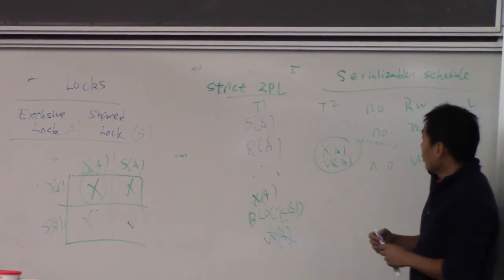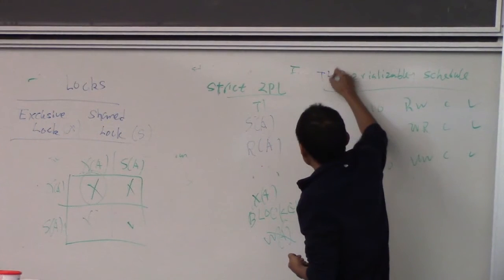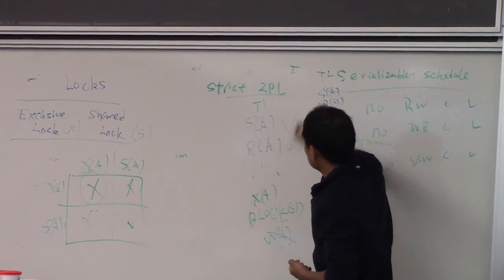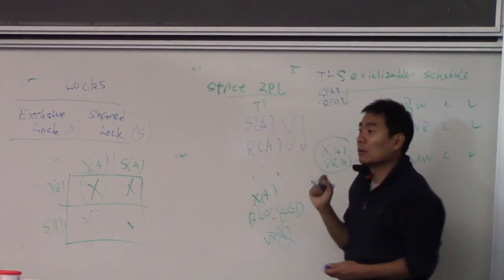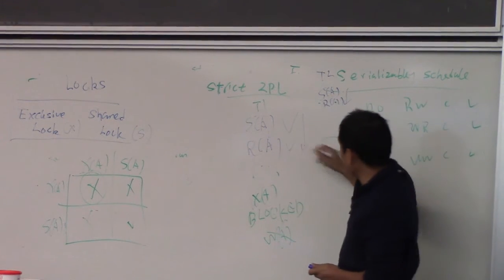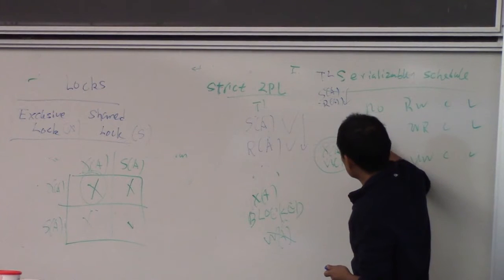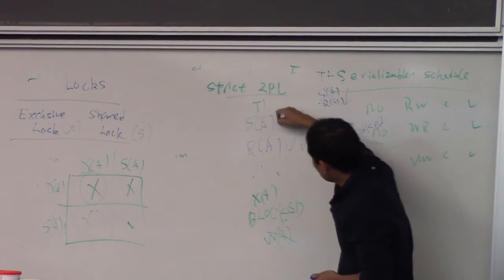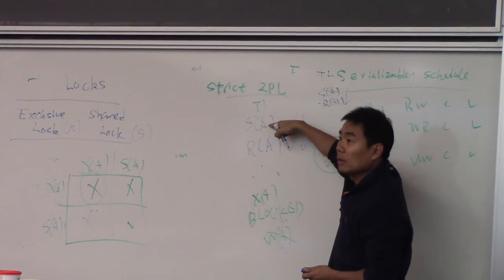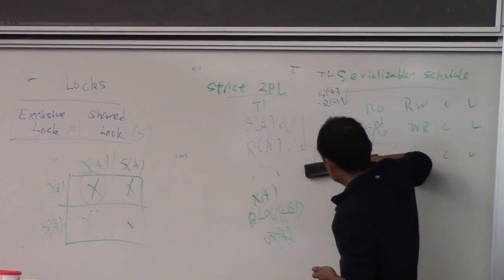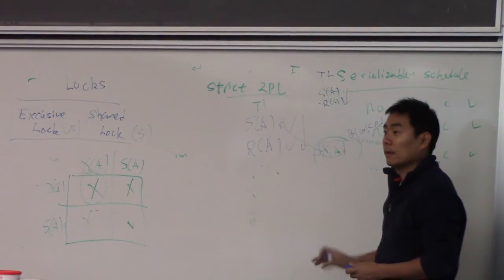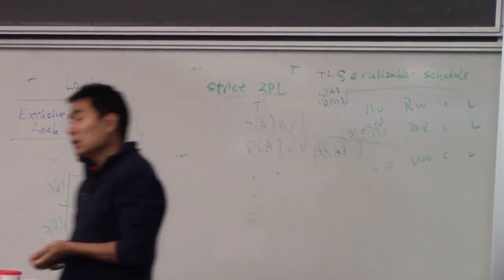You follow me? What about this? If T2 already has a shared lock on A and read the value of A, well, that's okay. You can proceed. But in that scenario, this will be blocked, because this exclusive lock is not okay with the shared lock over there, so this whole thing will be blocked right here. Okay, so that's the idea.